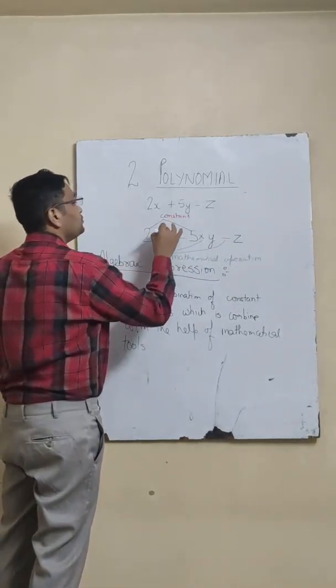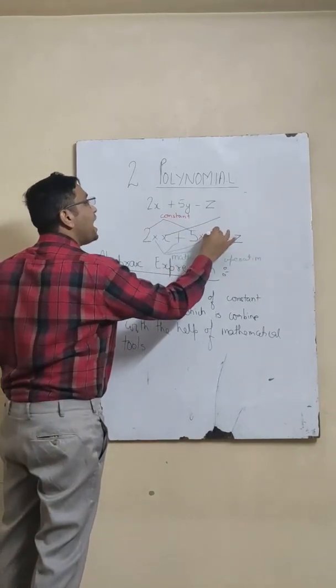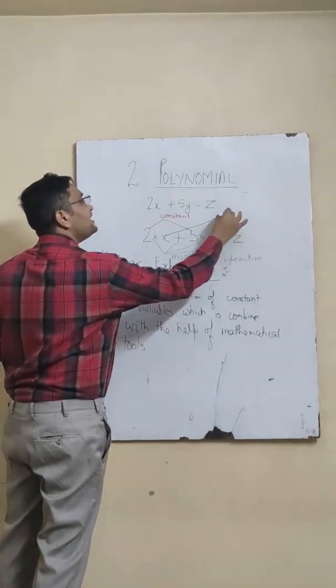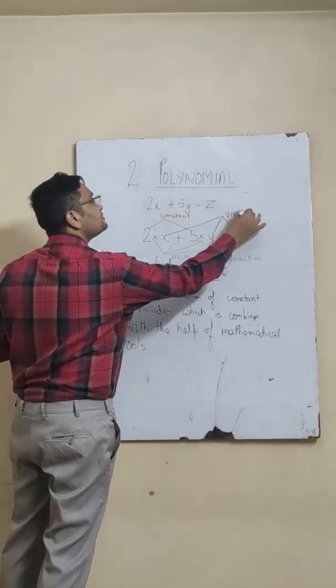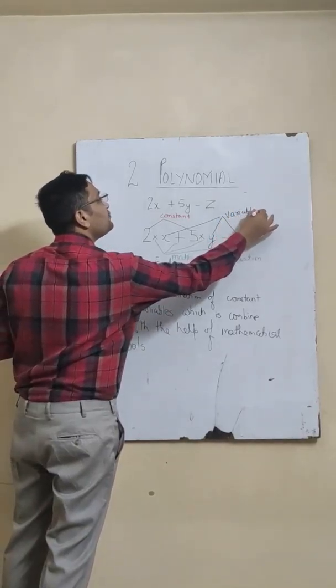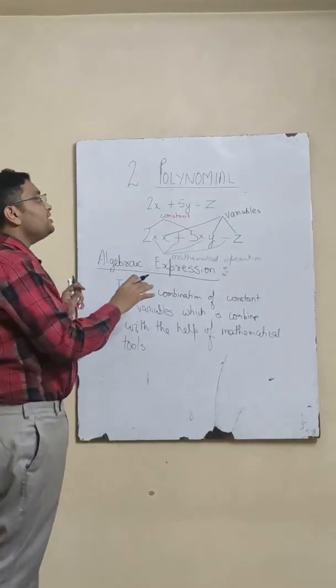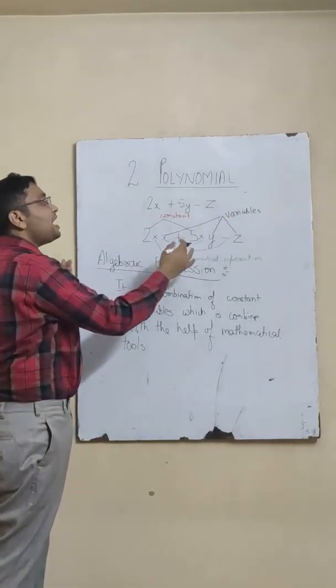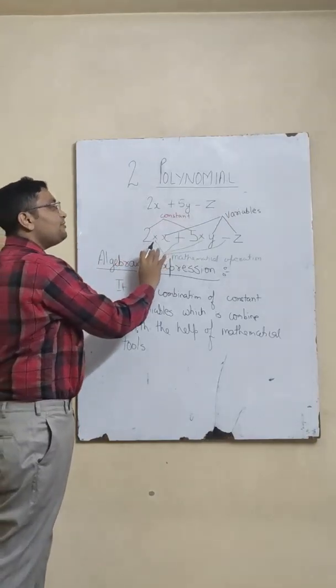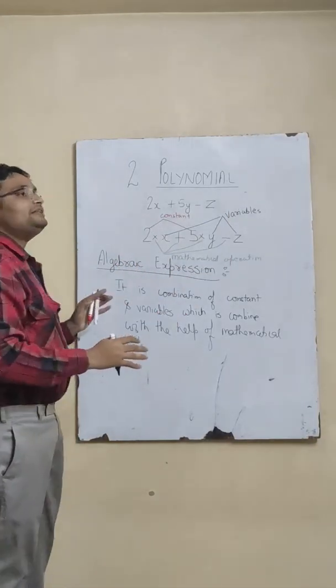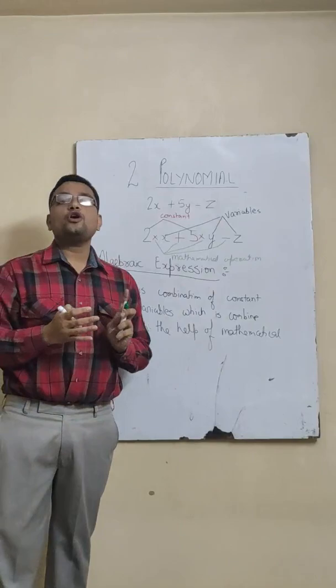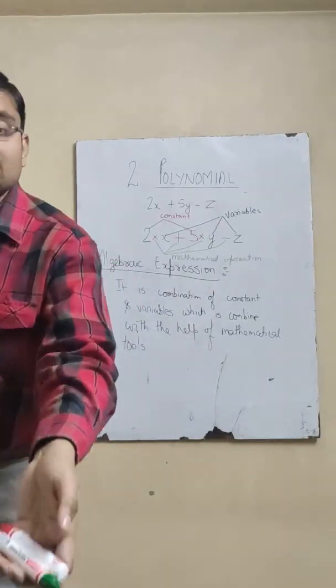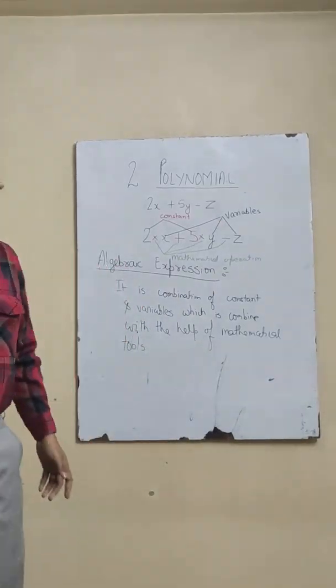And x, y, z, they are variables. Then what you have seen is that constants as well as variables are combined with the help of mathematical operations. Then that combination is called an algebraic expression.